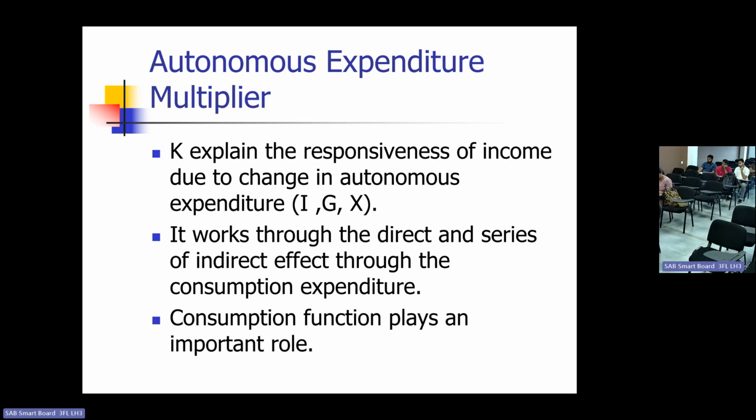The consumption function plays an important role here also. If there is a tax change, it affects consumption, and then the other variables. Again, it affects consumption and the other variables. The multiplier may operate through the consumption function.